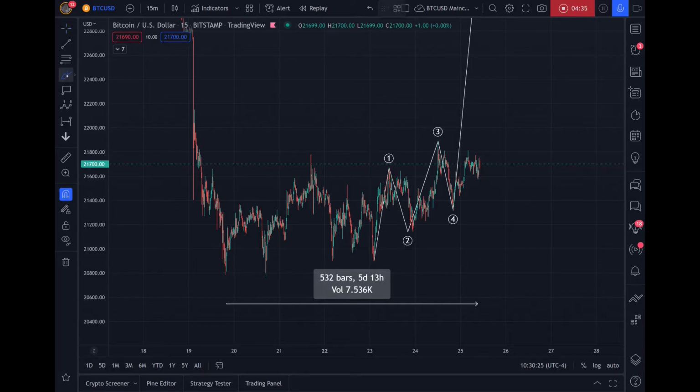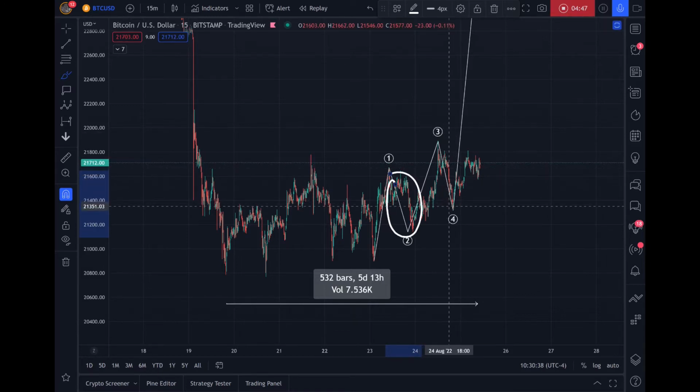And so a telltale is when wave 4 comes in the region of wave 2, okay? For a regular 5-3-5-3-5 advance, wave 4 cannot encroach on the region of wave 2, okay? But in a leading diagonal, this is permitted.